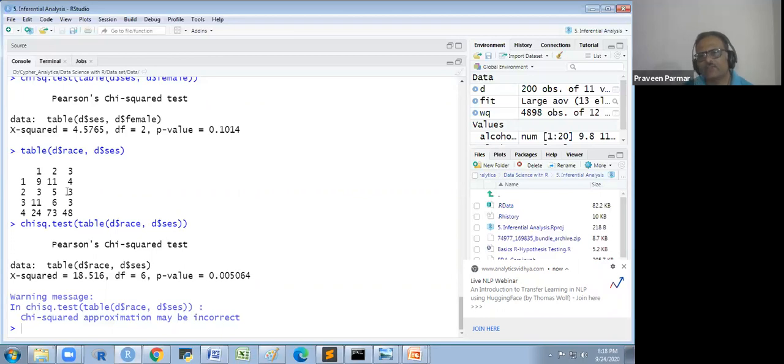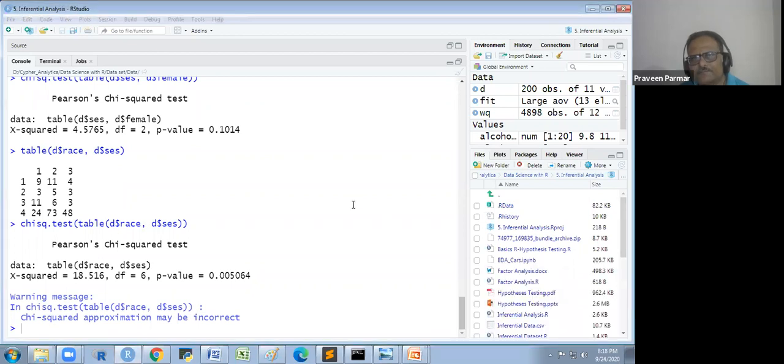In the Fisher test, the algorithm of Yates correction is used. So we have 3 here, 3 here, 3 here, 4 here, and 5 here. Due to these we are getting this warning.